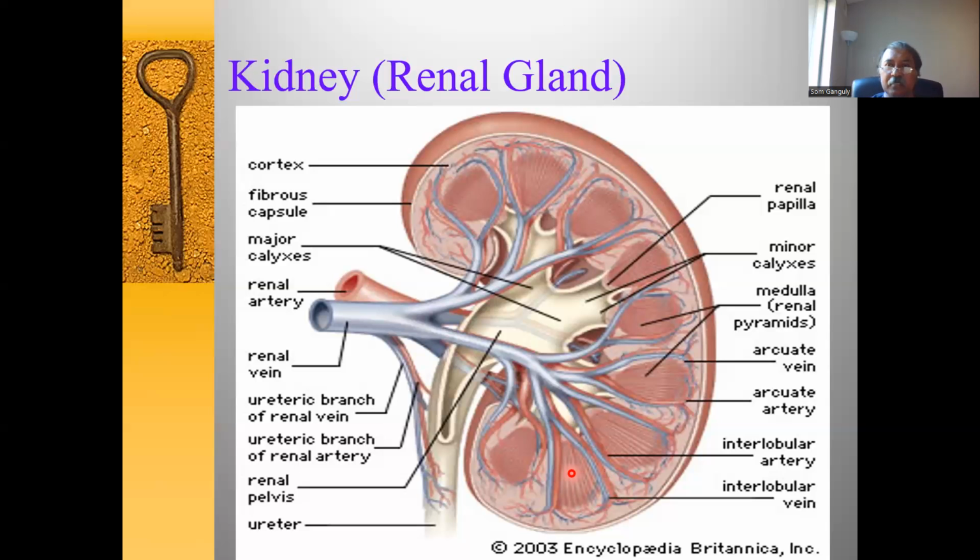All of these electrolytic structures they put back into the blood, and it takes out the nitrogenous waste, urine, and that goes into the renal pelvis to drain into the bladder. So this is our kidney in a nutshell.